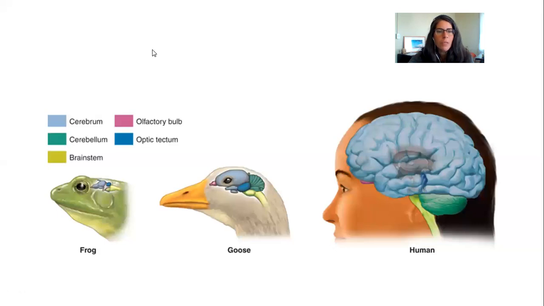Here you can see the cerebrum and how it is shaped and sized differently between other species and us. So the biggest shift that we see is really the size of these areas that make up the central nervous system.